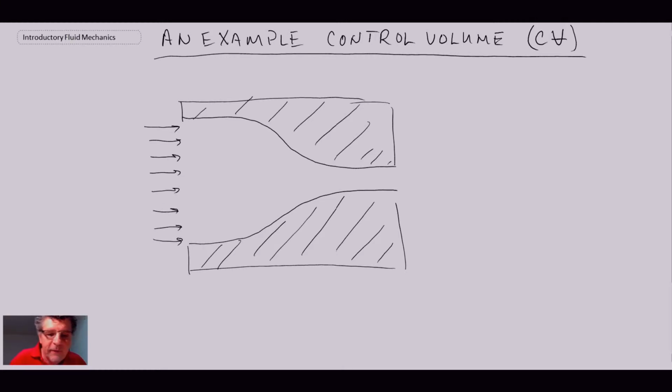And let's say we have a uniform velocity profile coming in. Chances are you wouldn't, but you may condition the flow to give you something like that. So that's V in. Then on the outlet, because the area is contracting, let's say this is a liquid, so it's incompressible, the velocity is going to increase. And that would be V out.